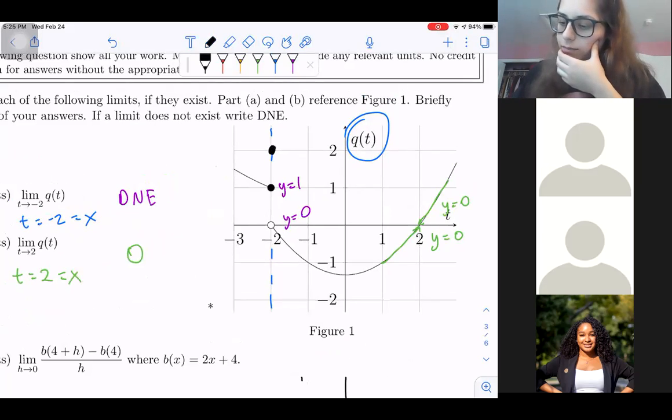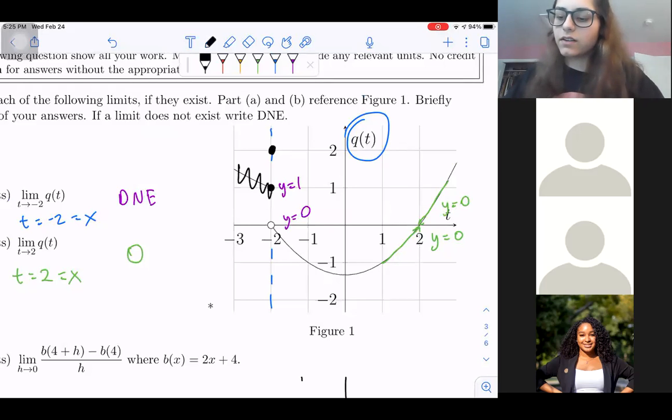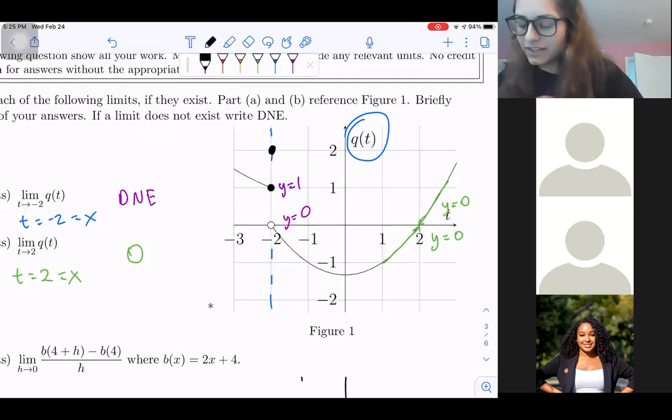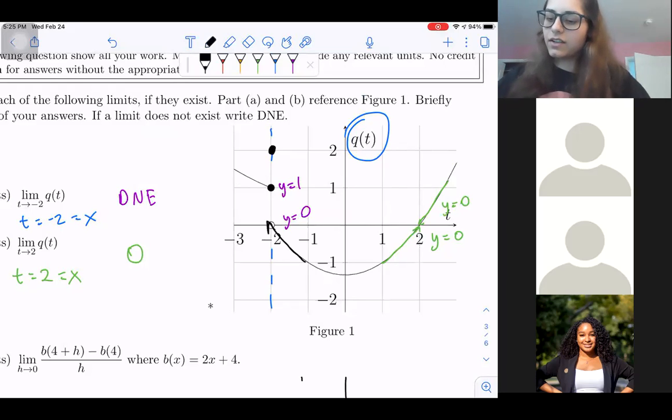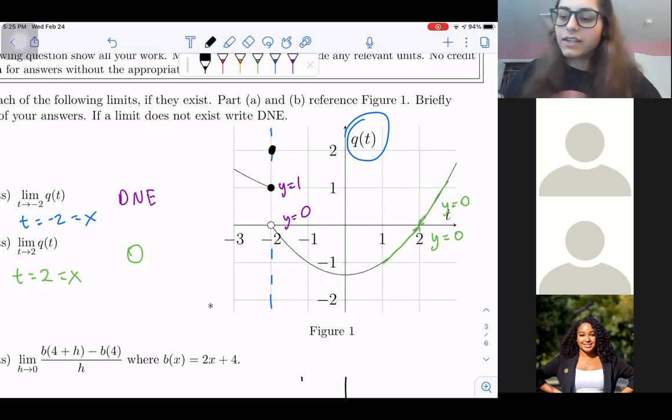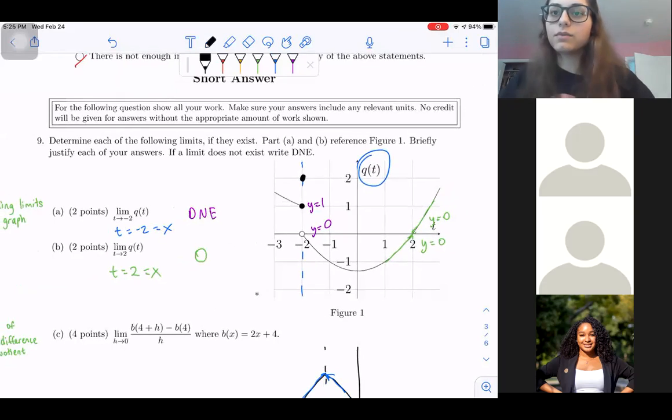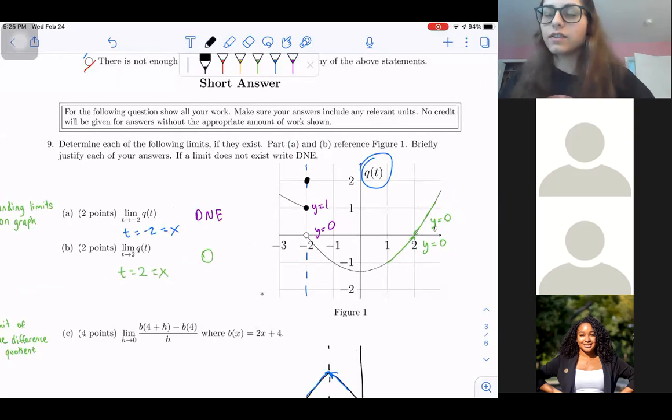So if we didn't have this at all, or if they were both empty circles, our arrows, if we drew the arrow coming in from either way, still would not meet, so you would not have the limit. The limit would still not exist.